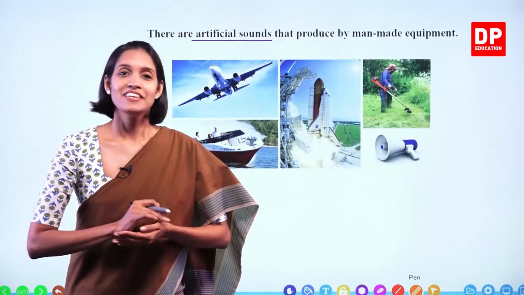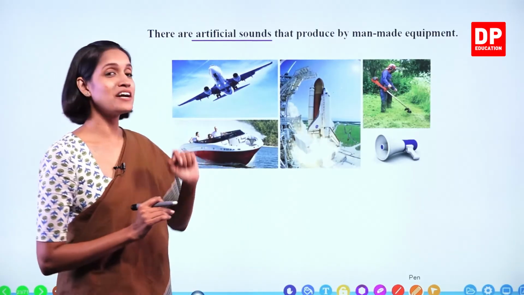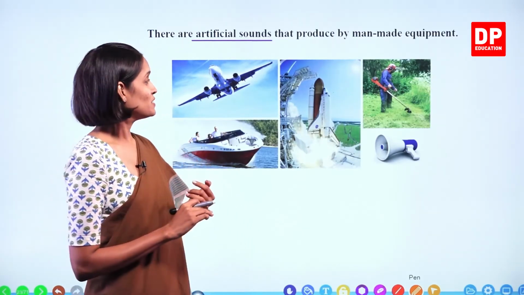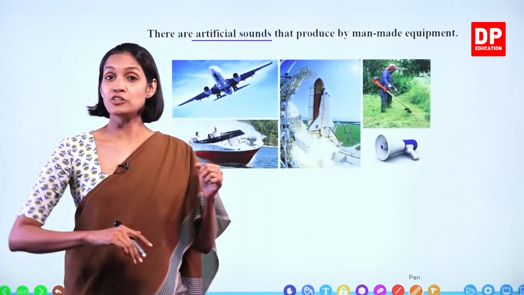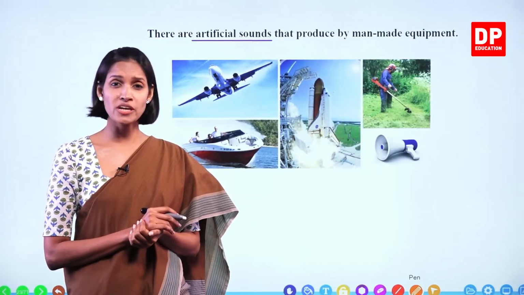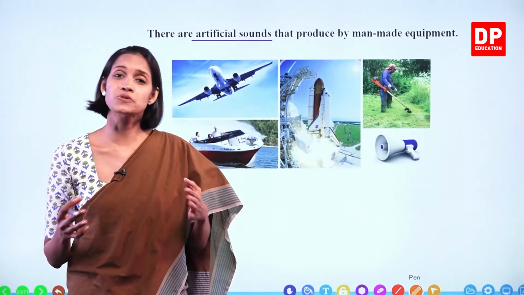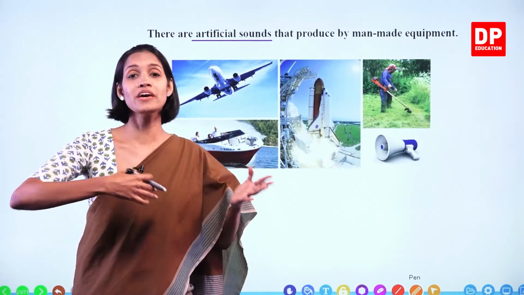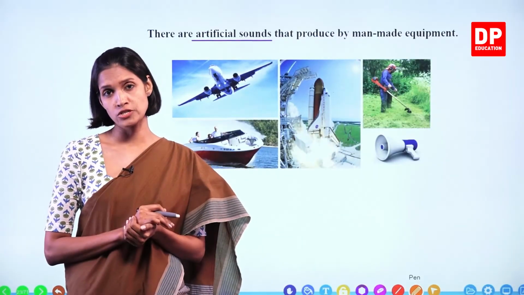Okay, there you watched different types of artificial sounds. You saw a grass cutting machine and you saw a bus, right? In a factory, how sound is produced, okay? So even machines, different types of machines make different types of sounds.